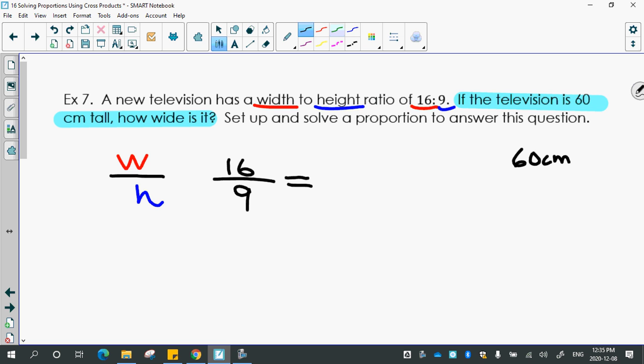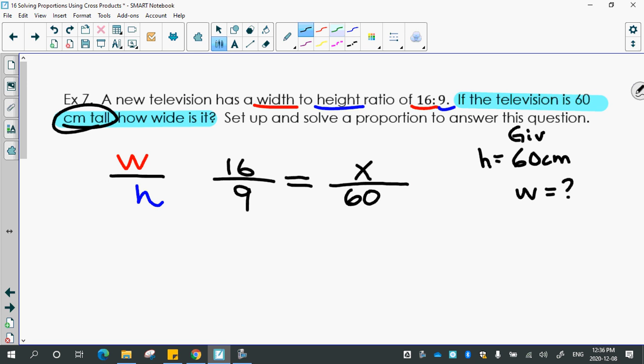It doesn't specifically say, but where's my clue? 60 centimeters tall must mean it's the height. So on the height level on the bottom, I'm going to put 60. And then it asks me, how wide is it? So I could use a W or an X, doesn't matter.